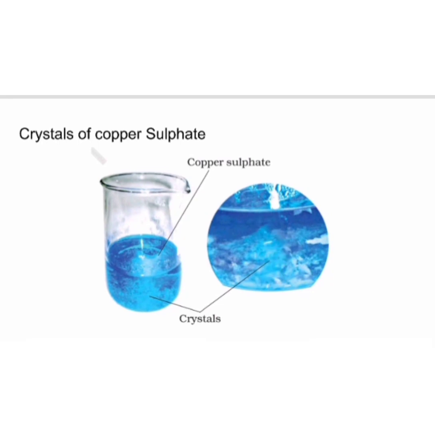Okay, take a cup full of water in a beaker, add a few drops of dilute sulfuric acid and heat the water. When it starts boiling, add copper sulfate powder slowly while mixing continuously, and continue adding copper sulfate powder till no more powder can be dissolved.